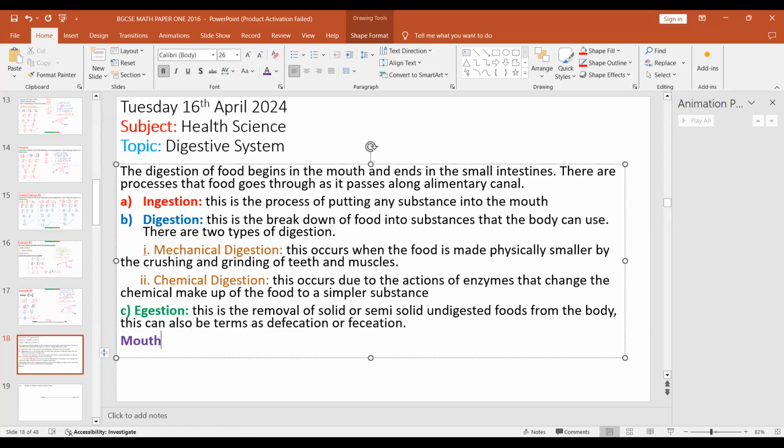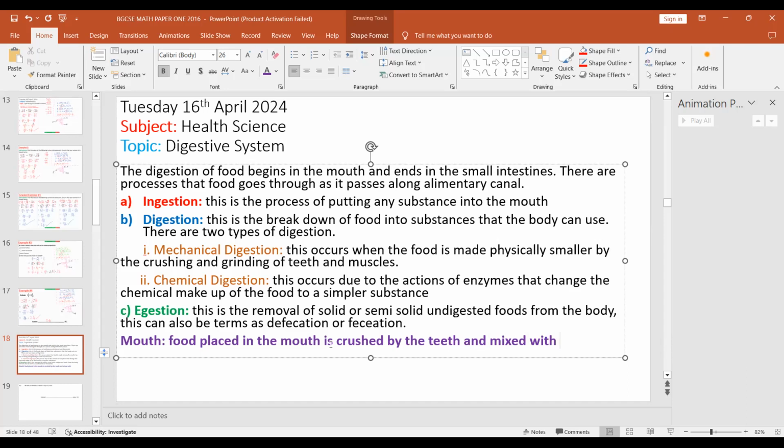So the mouth. We know food is placed in the mouth and crushed by the teeth. What does it also mix with? Saliva.